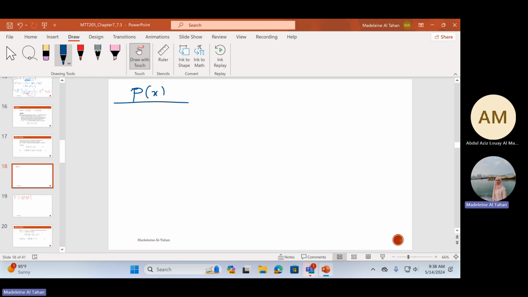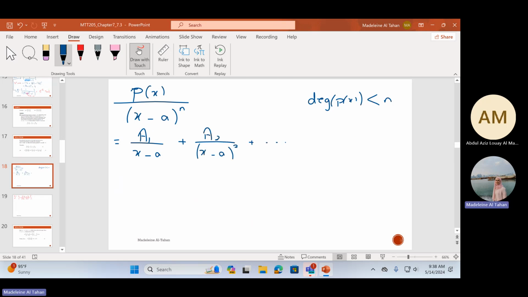Now, if we have P(x) over x minus a power n, and of course degree of P less than n, how do we divide them? A1 over x minus a, plus A2 over x minus a squared, plus then we reach An over x minus a to the n.